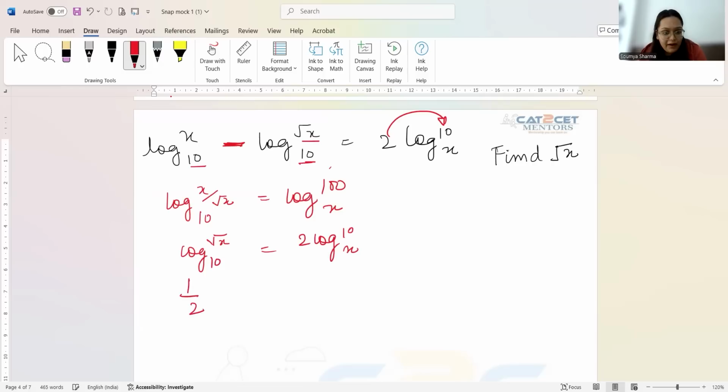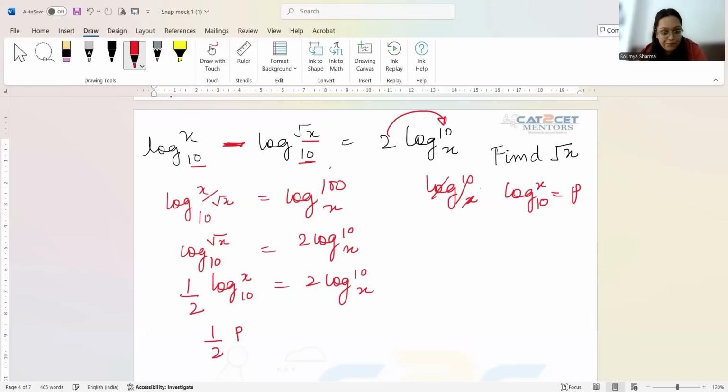So here it will be 1 by 2 log of x, because x to the power 1 by 2 will come in front. 10 is equal to 2 log of 10. And so let us suppose log of x with base 10 to be p. So here 1 by 2 p is equal to 2 by p.